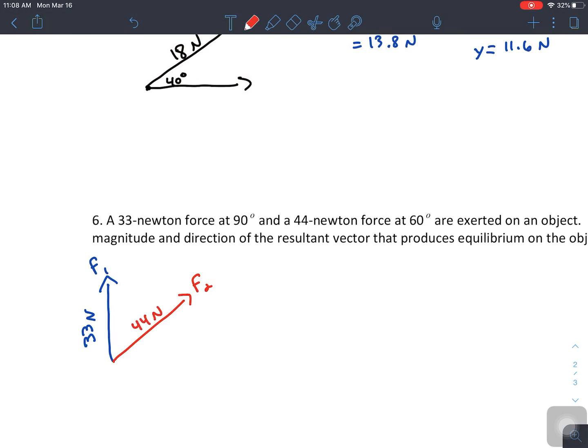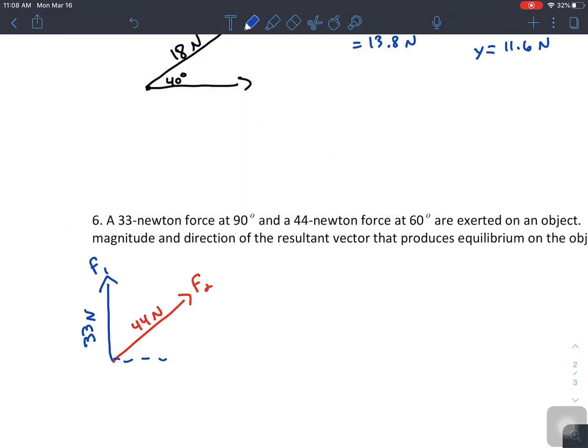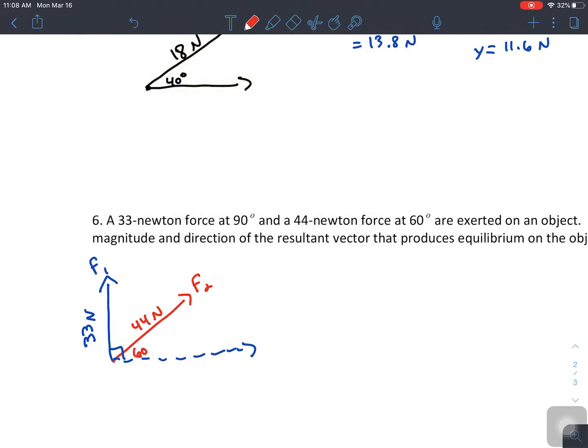This one is 44 newtons. All right, so the 33 Newton force has a 90-degree angle associated with it, right down here. Okay. The second one has a 60-degree angle, so right here. Okay, so again, we're thinking about this in terms of the ground.